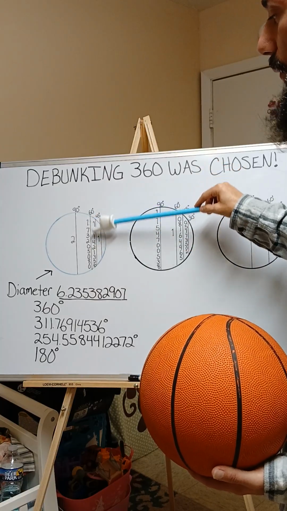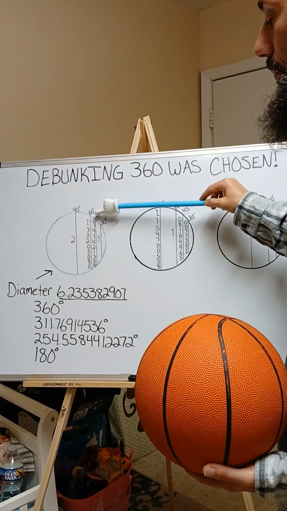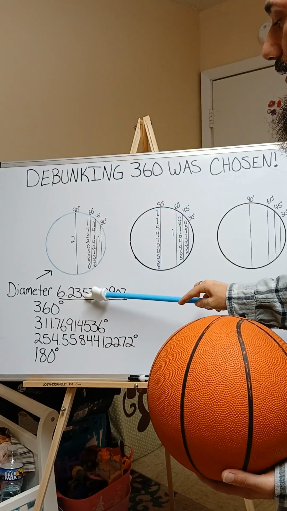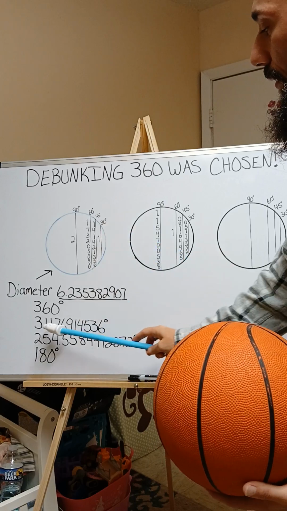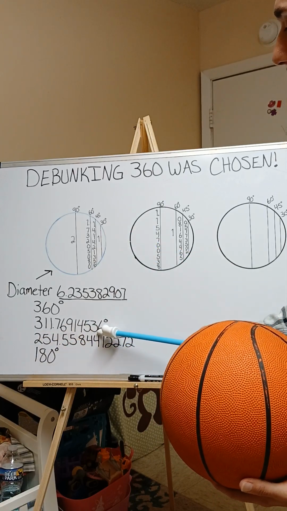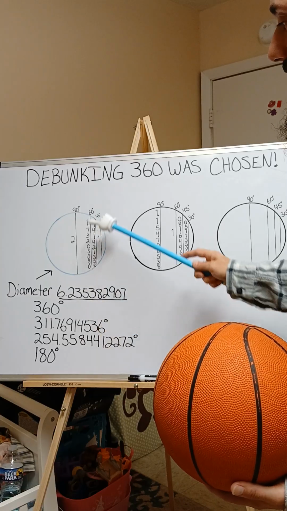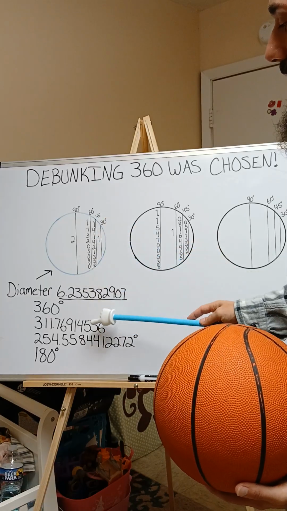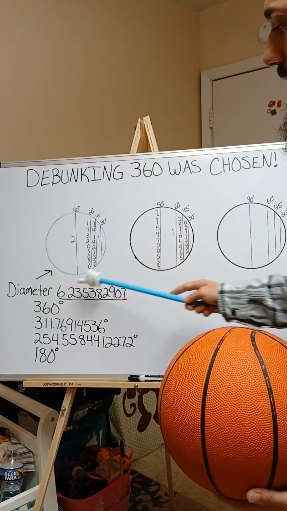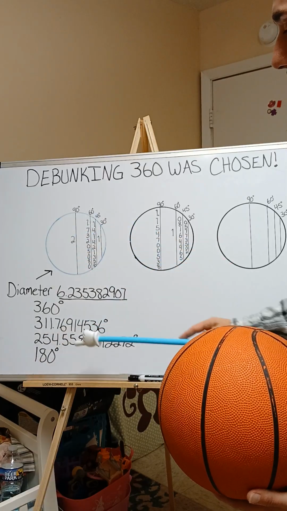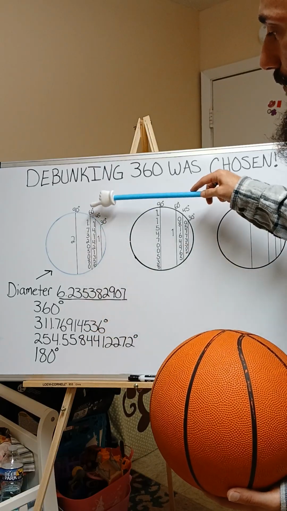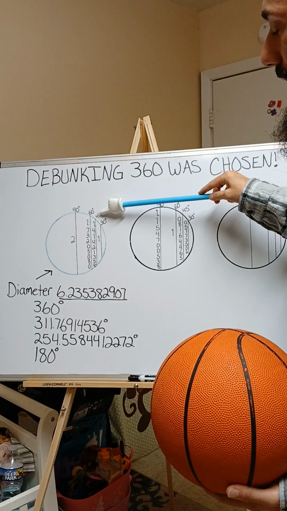This 5.4 inch circumference we got for the ball right here, 5.4 inches will get you on the main circle to 311.76914,536 degrees. Every circle, every ball, every time, this position times pi, that measurement will get you, it will equal 311.76914,536 degrees.